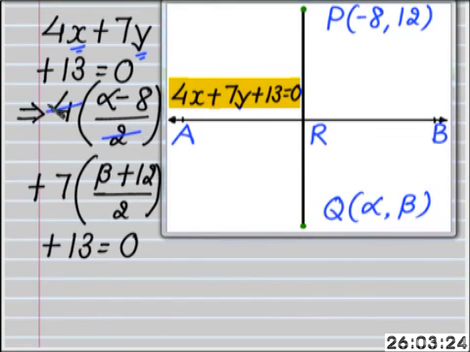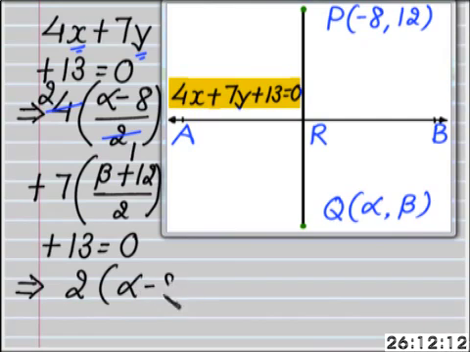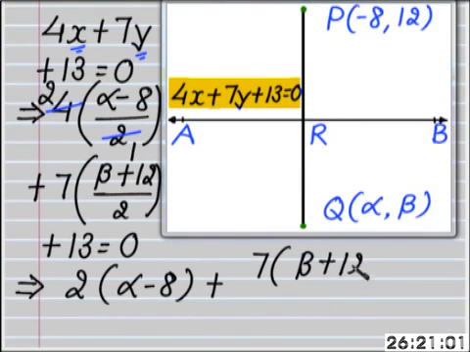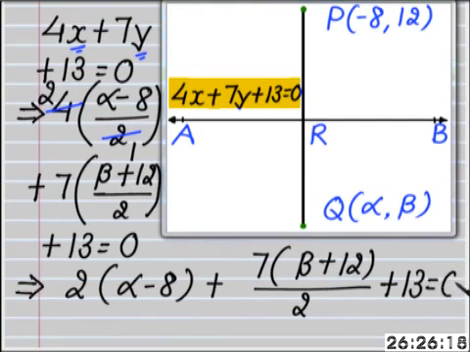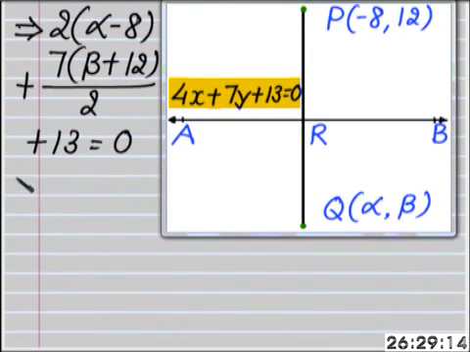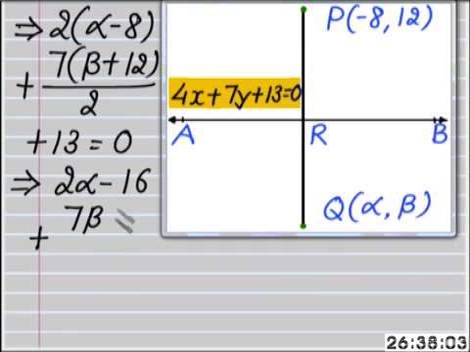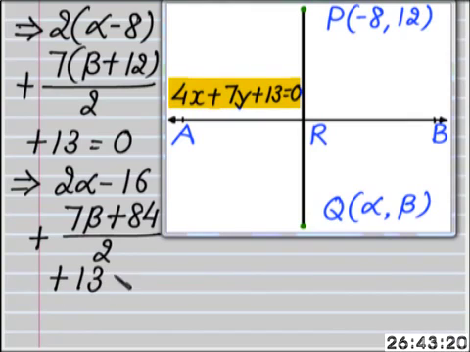Now on solving, this implies 2 into (alpha minus 8) plus 7 into (beta plus 12) upon 2 plus 13 is equal to 0. This further implies 2 alpha minus 16 plus 7 beta plus 84 upon 2 plus 13 is equal to 0.